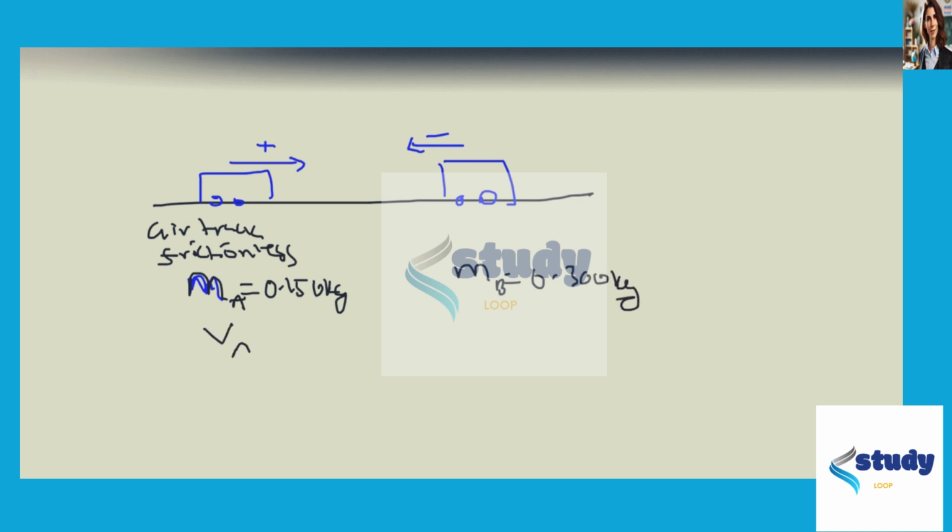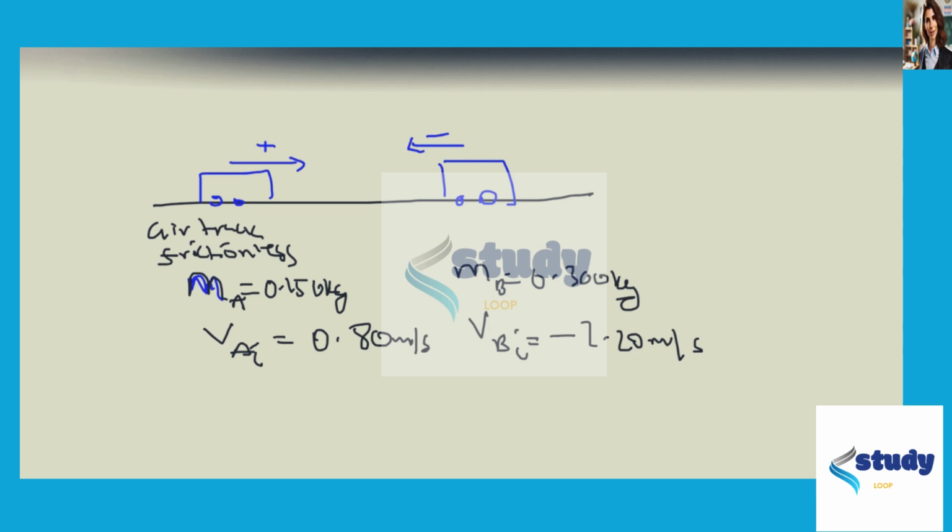The initial velocity of the first glider is 0.80 meters per second. And then the initial velocity of the second glider, because it's moving towards the left, we're going to make it negative 2.20 meters per second. So we want to find the final velocity.